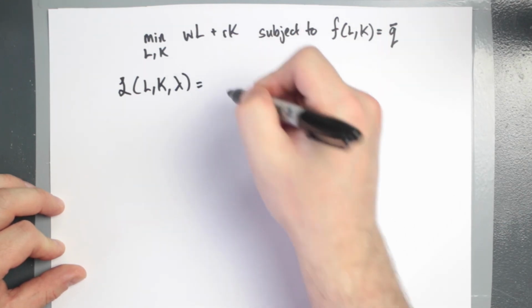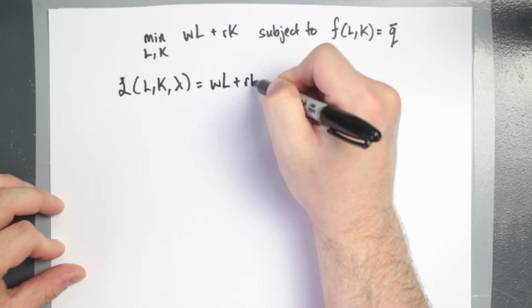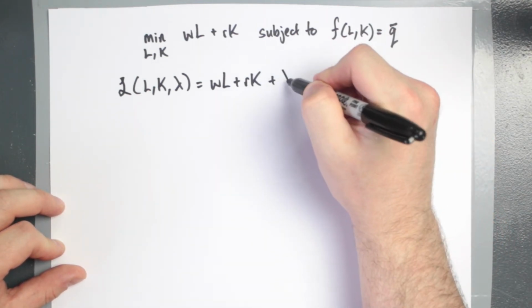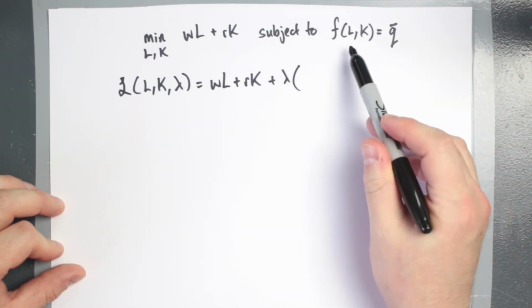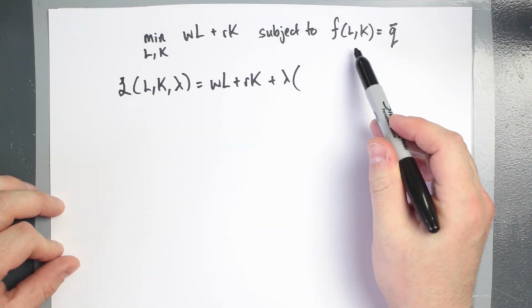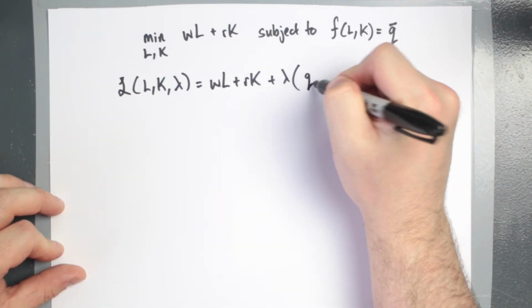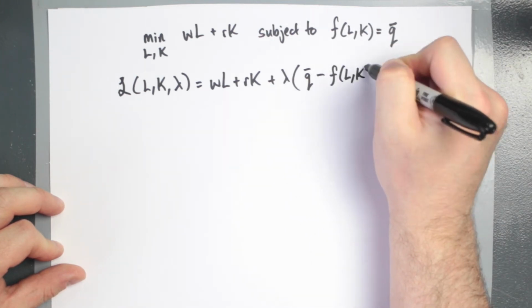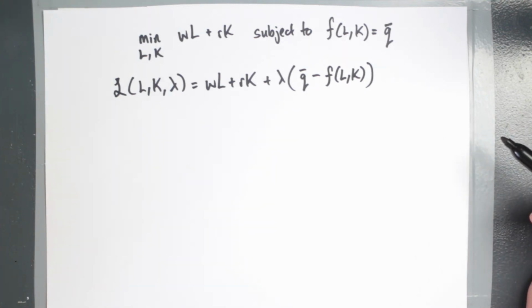So this would be equal to the thing we're trying to minimize, WL plus RK, and then we add lambda times the difference between Q bar and how much is actually being produced. So this is the thing that we want to be 0. So Q bar minus F of L, K. Okay, so that's the Lagrangian for this problem.